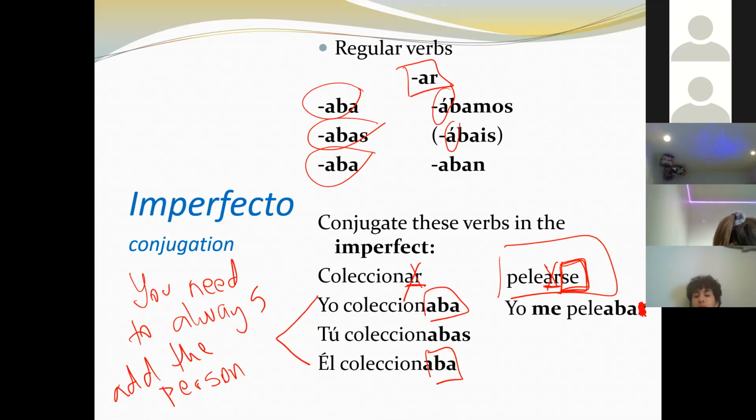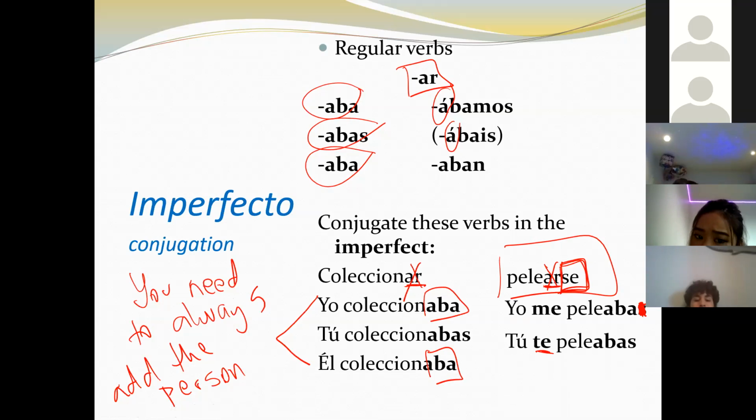Now, what's the tú form you think, Olivia? Tú te peleabas. Bien, good job putting the pronoun. Tú te peleabas. That's correct. Jasmine, what is the él form? Pelearse. Perfect. Peleaba.